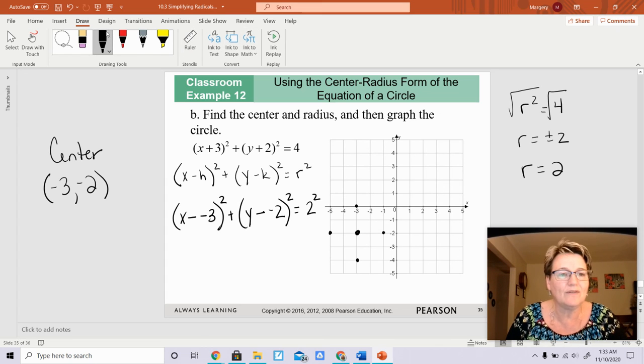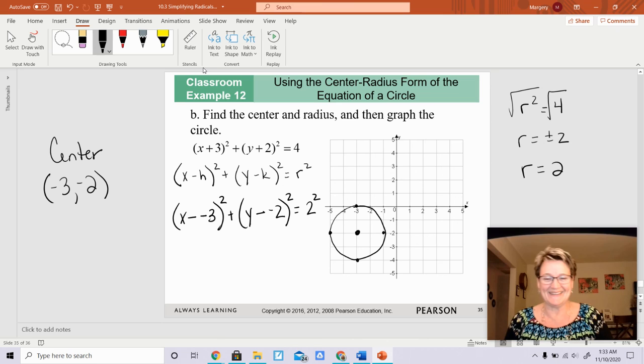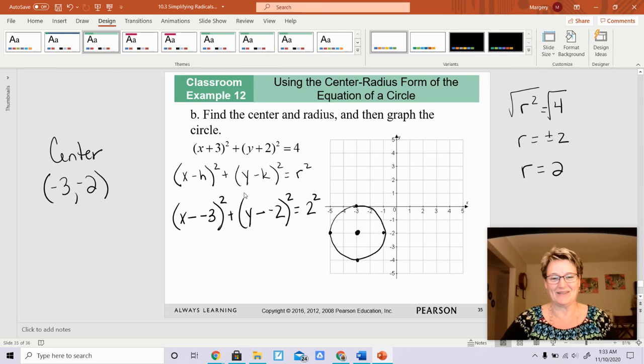I don't know if I can do a circle here; when I do SmartBook, it has ways to do it. Okay, I'm just going to try my best to draw it. I'm not a perfect drawer. Oh, that wasn't bad. All right, so there's my circle.